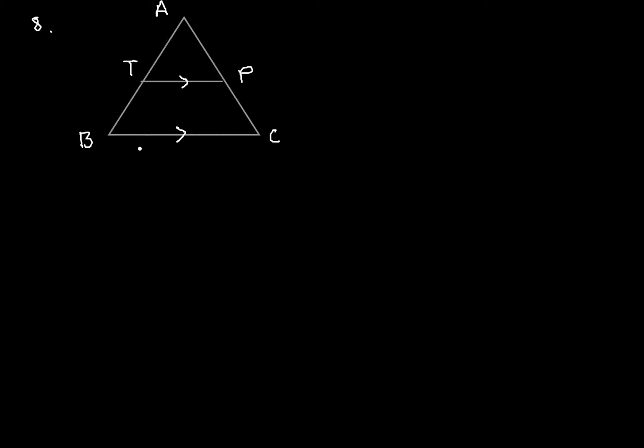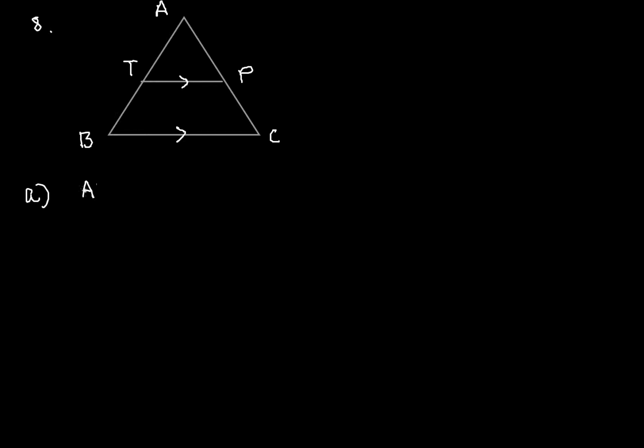So the rule says a line parallel to one side of a triangle divides the sides proportionally. The reverse of that is if the sides are proportional in a triangle with this line, then the lines are parallel. So we're going to see if they're proportional. Let's just try the first one to see if it makes sense here to you.